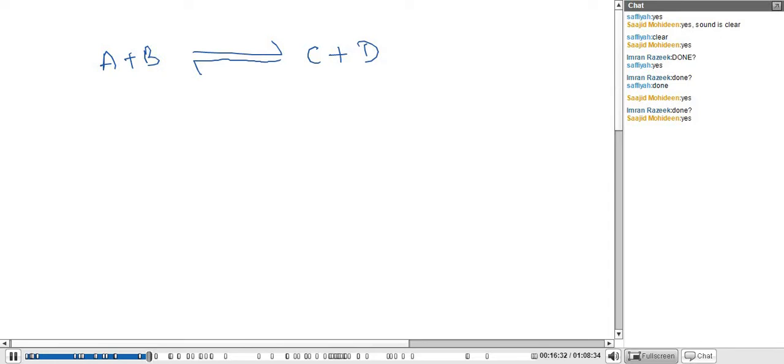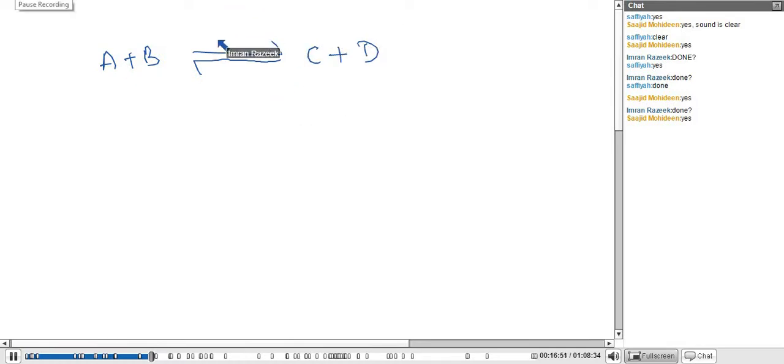Equilibrium is a state of balance in which the rate of the forward reaction equals that of the backward reaction. If there is a slight change in the rates, the system will not be in equilibrium. So once the system reaches equilibrium, there won't be any change in the concentration of reactants or products.